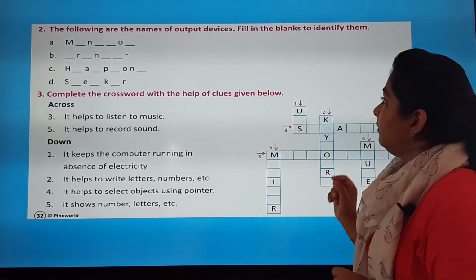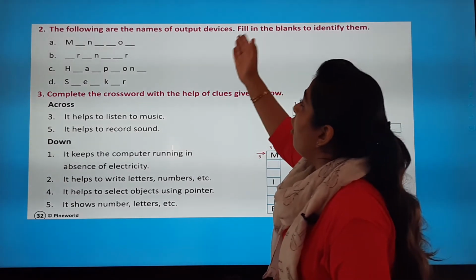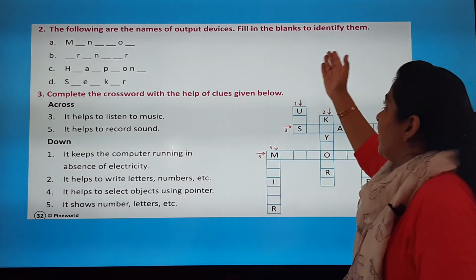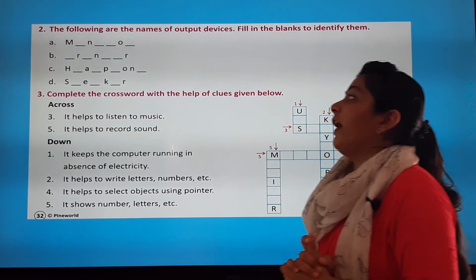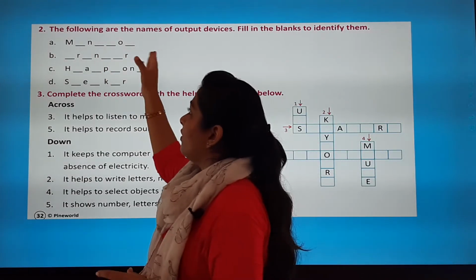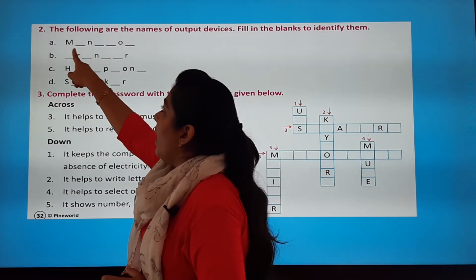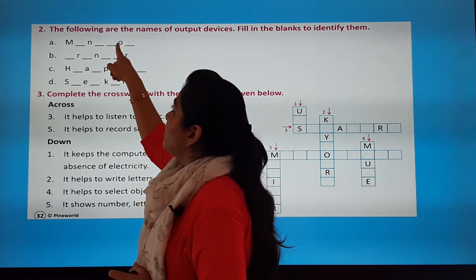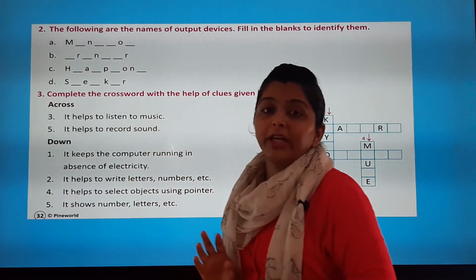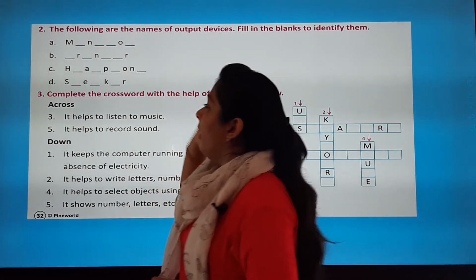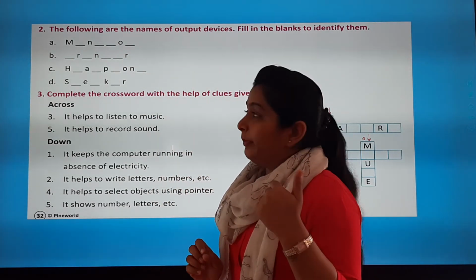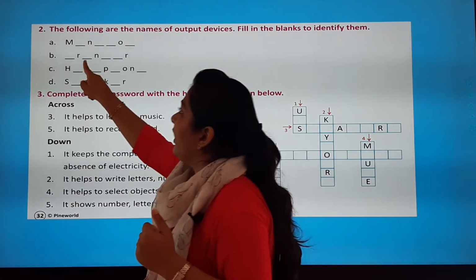Okay? Moving on to the next. The following are the names of output device. Fill in the blanks to identify them. Now we have to just fill in the blanks. The first one is monitor. M-O-N-I-T-O-R. Monitor. You will just fill in the blank along with me. Okay. The next one is printer.